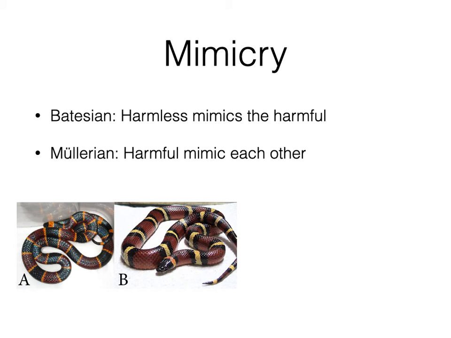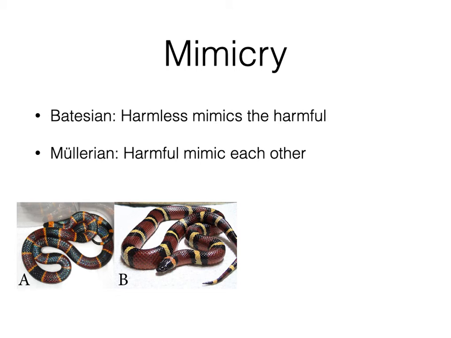So maybe take 10 seconds to guess in your own mind, if you don't know, which one of these is a coral snake and which one is a corn snake, or a king snake. If you guessed that A is a coral snake, a relative of the cobra, and venomous and harmful, then you'd be correct. All right.